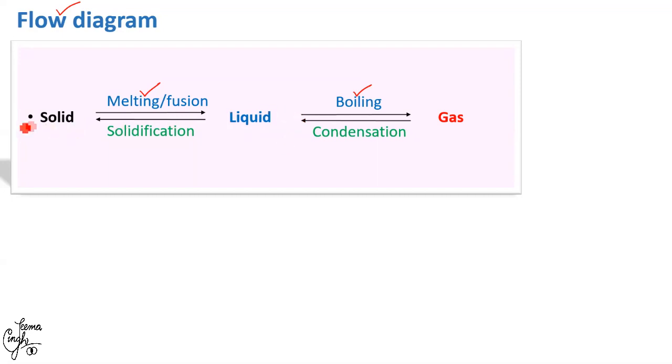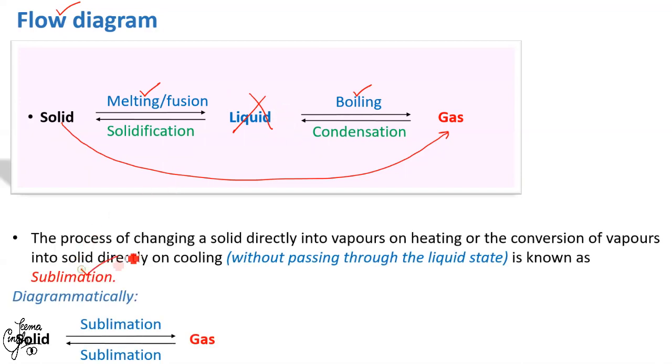I mean, can we convert a solid directly into gas or vapors without passing through the liquid state? Yes, we can. And the process of changing a solid directly into vapors by heating, or the conversion of vapors into solid directly on cooling without passing through the liquid state, is known as sublimation.